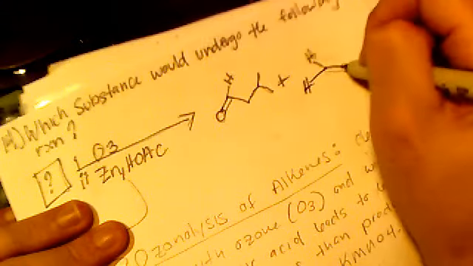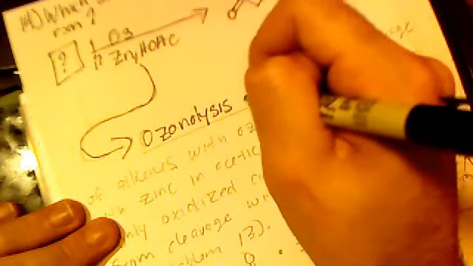Right? So whenever I see ozone with acetic acid, I know that I'm going to get ozonolysis of alkenes, right? That's what I'm going to get.